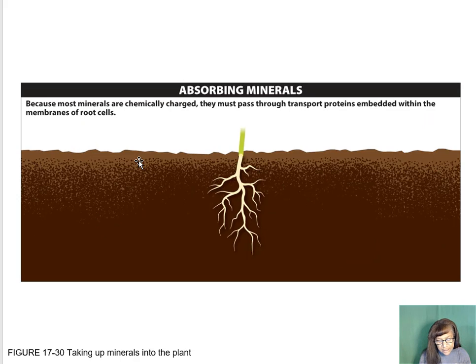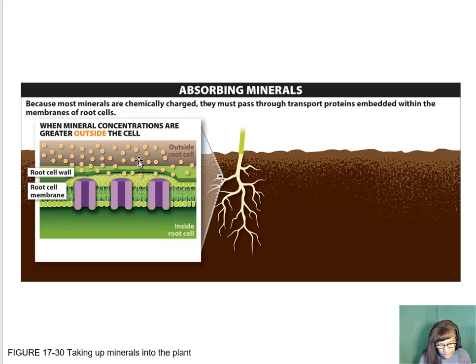So let's take a look at absorbing minerals. Because most minerals are chemically charged, they must pass through transport proteins embedded within the membranes of root cells. So plants still need to absorb minerals. Let's see how that happens.